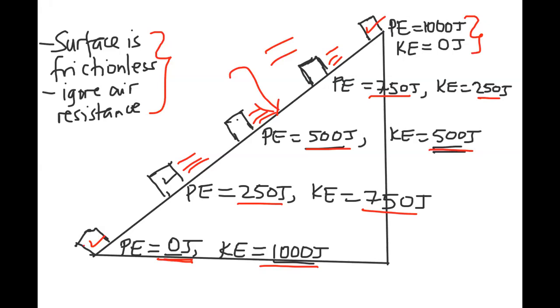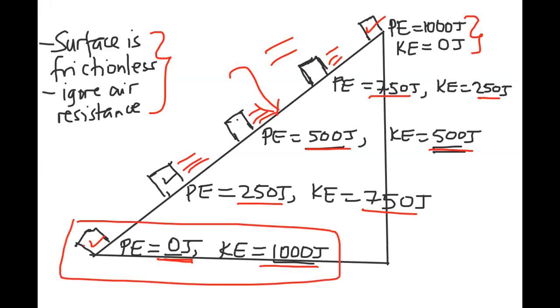In the end, we are going to see that by the time the crate has fallen to this level here, we are going to have a different situation. This kinetic energy might not be exactly 1000. It might be, for example, maybe 950 joules. Now when you try to find the sum of potential energy and kinetic energy, you may end up with just 950, and then you wonder what's going on.